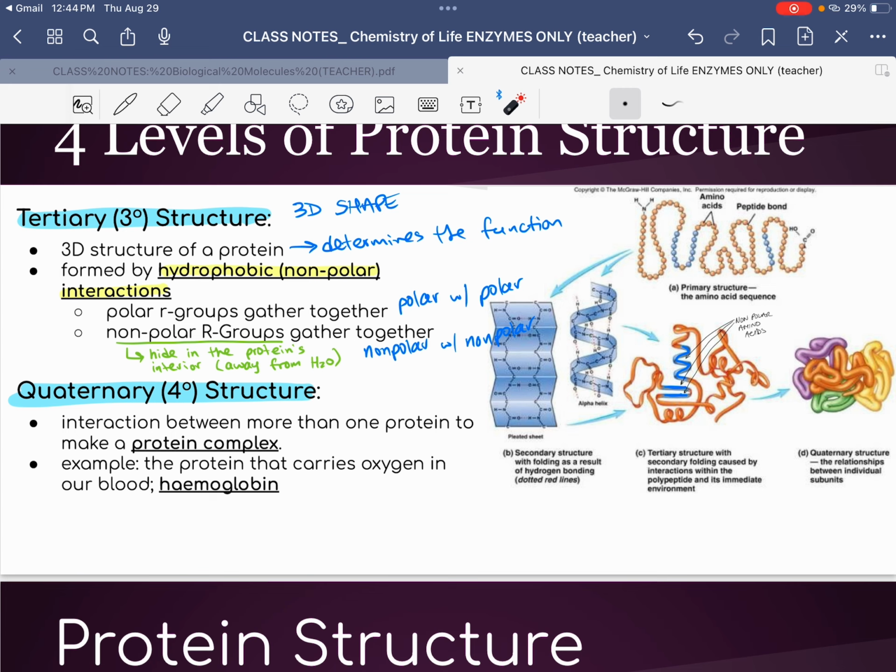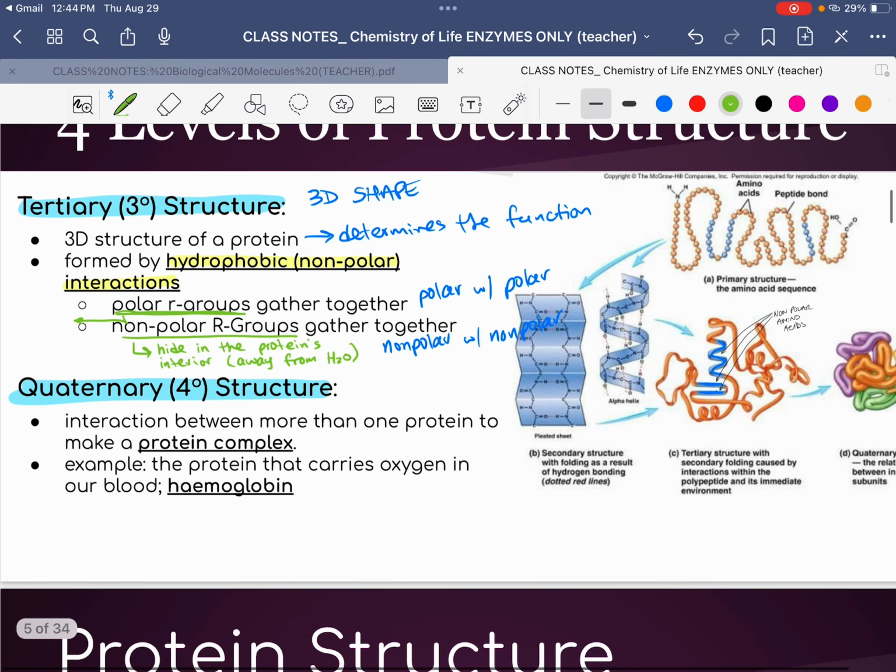The polar R groups, though, they don't mind, right? Polar R groups, these ones here, they like water, right? They face watery environments.